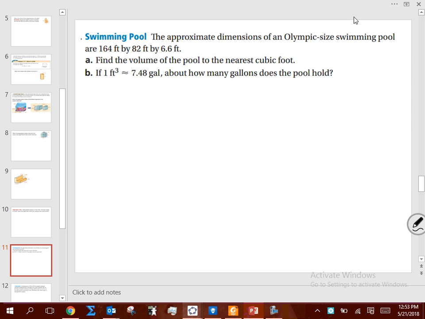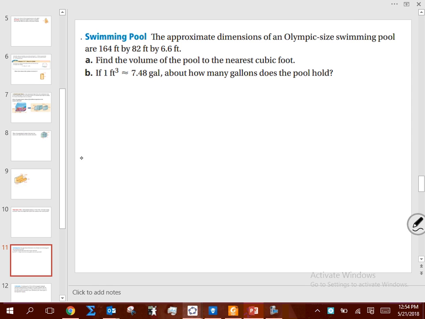I think I got one more here. It talks about an Olympic-sized swimming pool, and we want to find out how many gallons this thing holds. If you know anything about swimming pools, an Olympic-sized swimming pool is just a prism, correct? No shallow end. Any swimmers in here? No shallow end, no deep end. It's all the same thing.